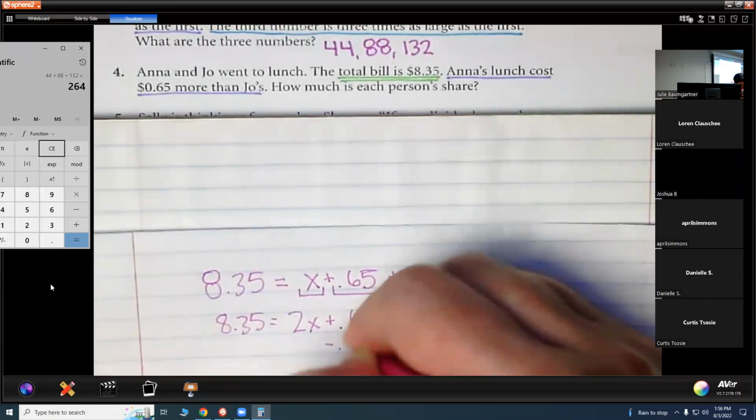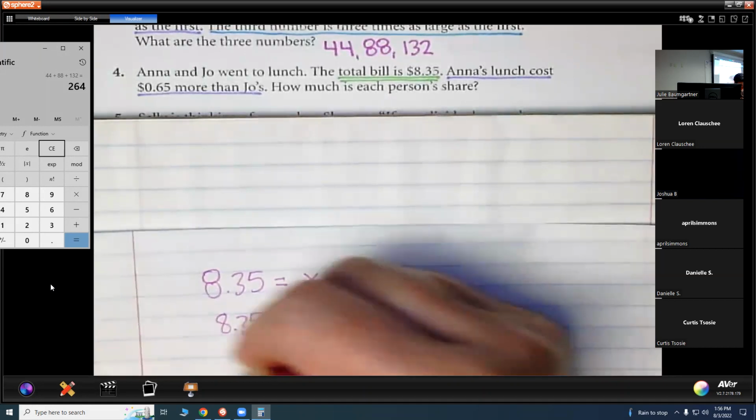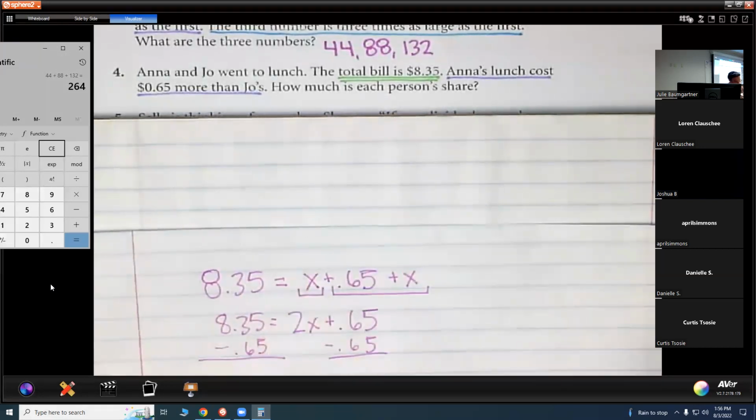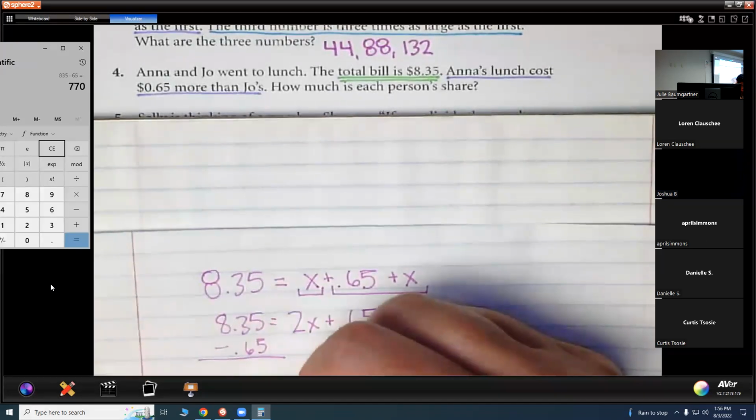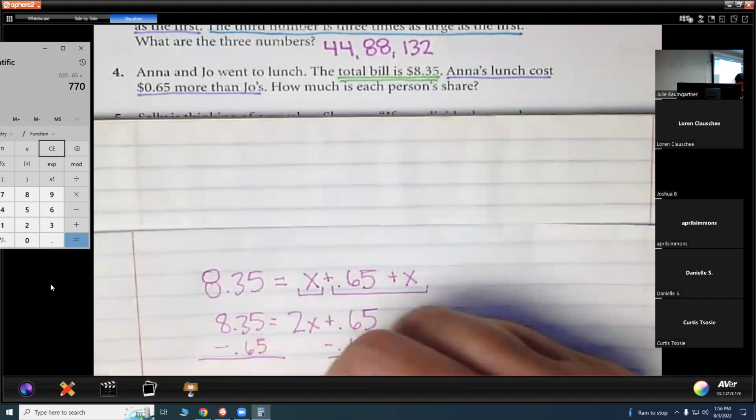So 8.35 equals 2x plus 0.65. Then we'll just go ahead and subtract this off. So what is that? 7.70. So then we have 7.70 equals 2x. So we'll just divide both sides by 2.